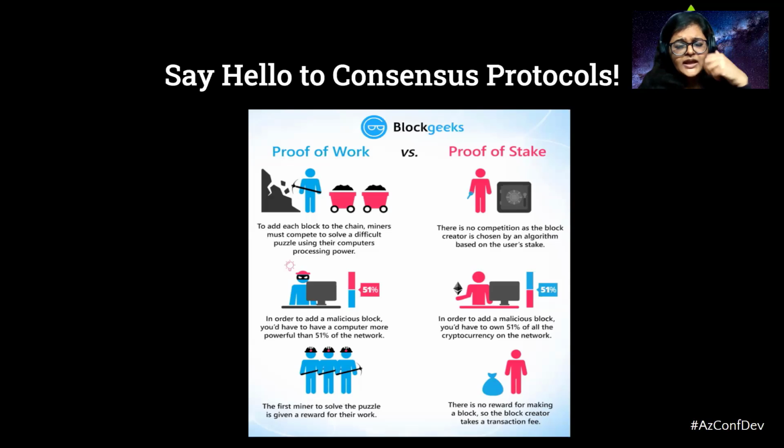Because everybody started investing a lot of money in just setting up solar farms or electric powered server powerhouses, just to solve this computational puzzle, because everybody wanted to earn bitcoins.